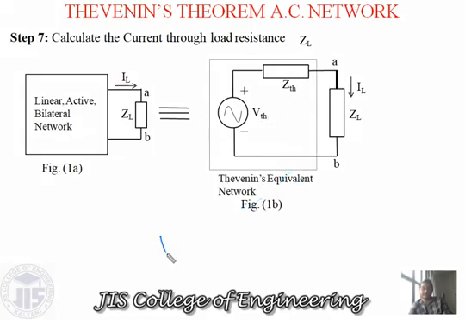Just like the previous one, the load current IL is equal to VTH divided by ZTH plus ZL.